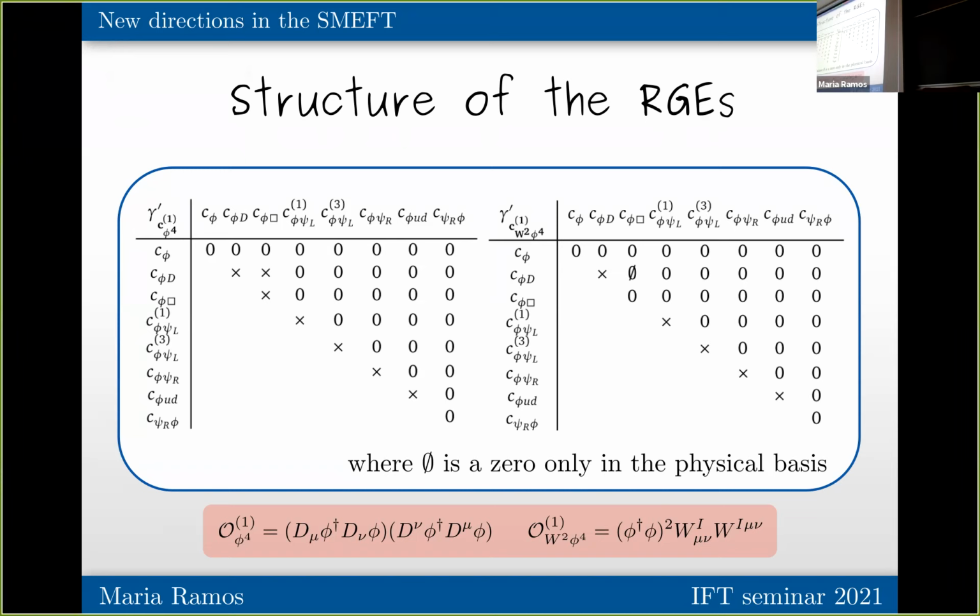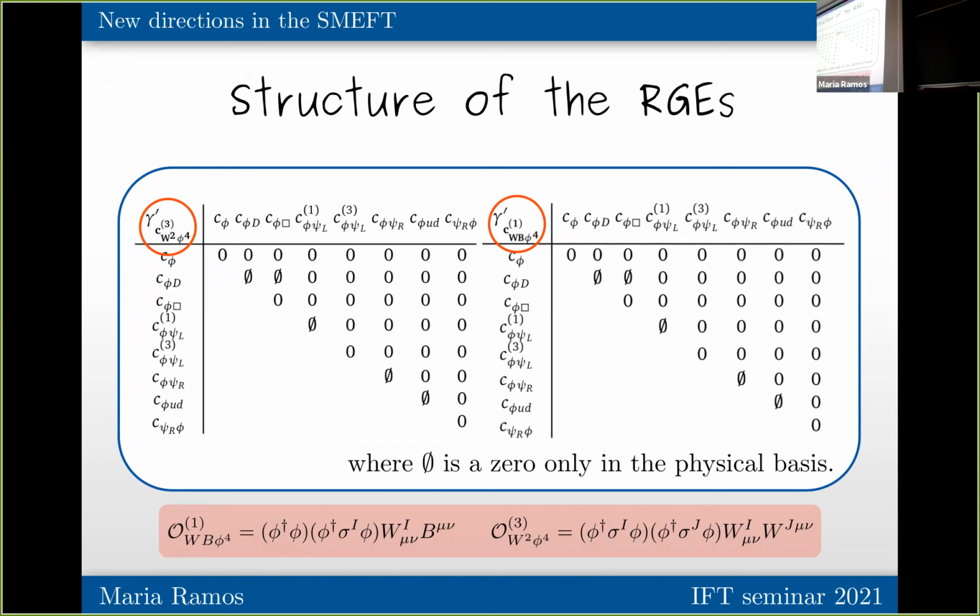There are also these particular zeros, represented by the empty set, which we cannot trivially understand, because they are non-zero in the redundant basis, and they just go to zero when we go on shell. It is really interesting that other operators seem to have some diagrams present in the redundant basis, but they go to a completely vanishing matrix when you go on shell, with no apparent reason as far as we could realize. This has important implications for the phenomenology, for these two operators in particular.